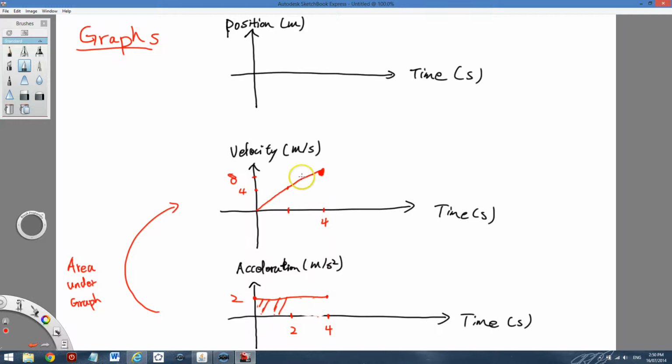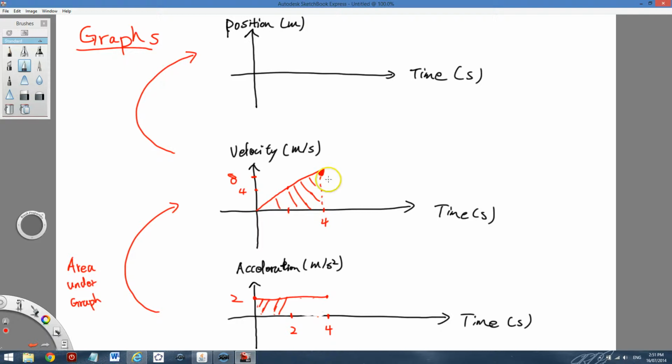Now, the beautiful thing about the velocity time graph is, if you calculate the area under the velocity and time graph, you can find the position. You can find the displacement. You can find how long it traveled. For instance, at 4 seconds, its velocity is 8 meters per second.